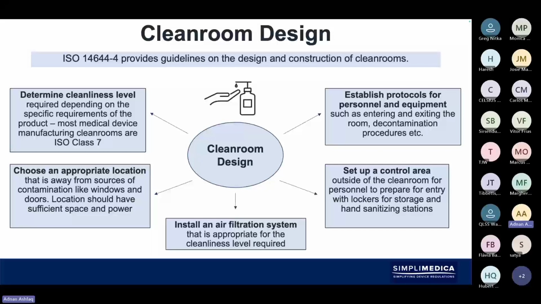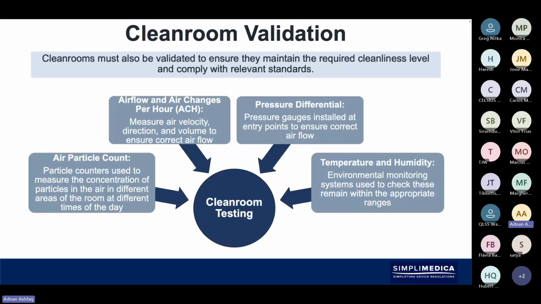When you're designing the clean room, look at the classification, the cleanliness level, choosing the appropriate location, installing air filtration systems, setting up controlled areas, having protocols for personnel and equipment when you're coming into the clean room, when you're exiting the clean room, what sort of control measures need to be in place for that.